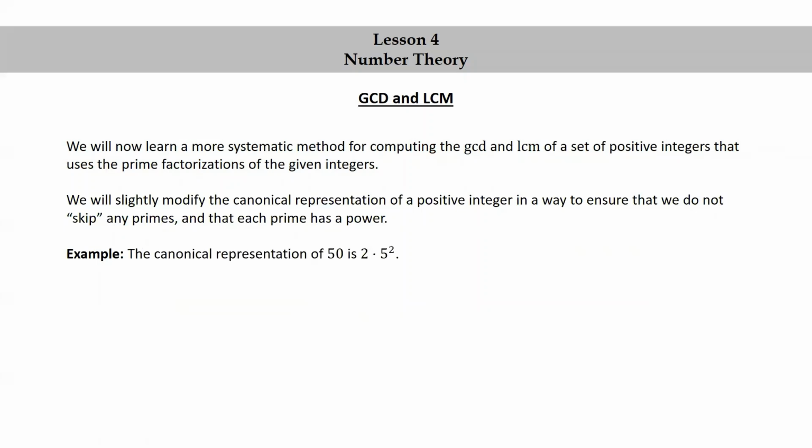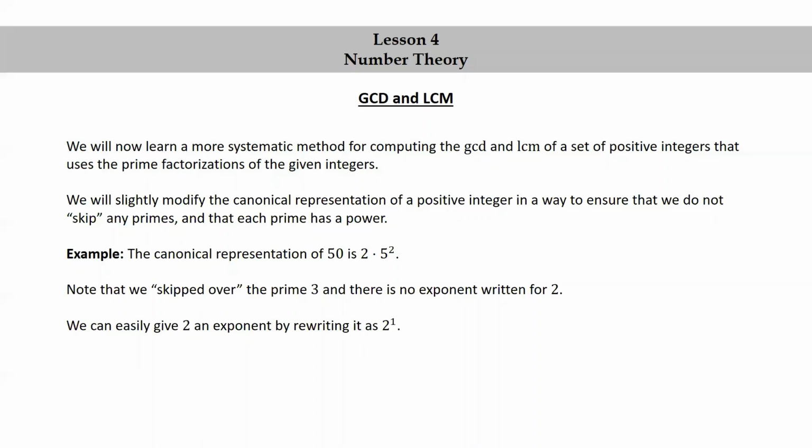The canonical representation of 50 is 2 times 5 squared. Note that we skipped over the prime 3 and there is no exponent written for 2. We can easily give 2 an exponent by rewriting it as 2 to the 1.